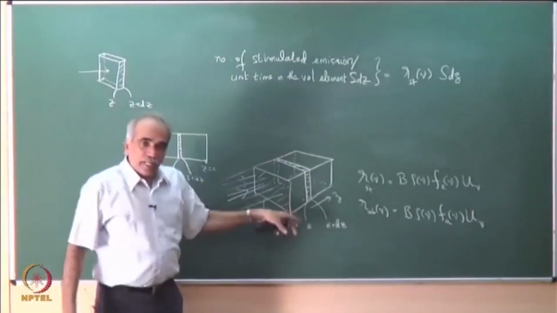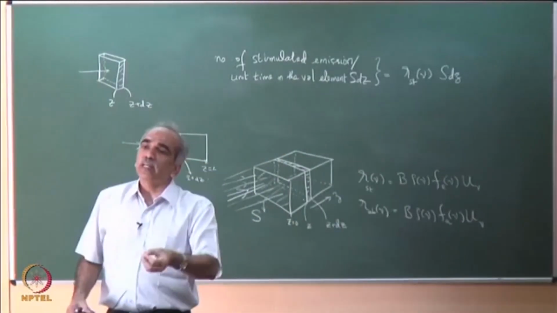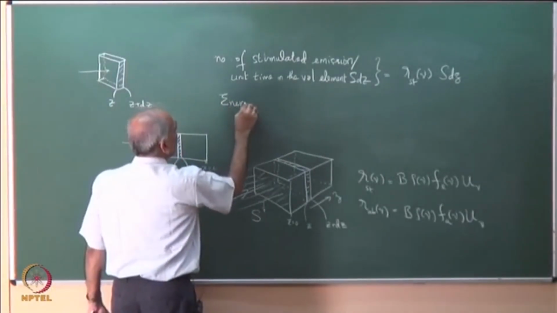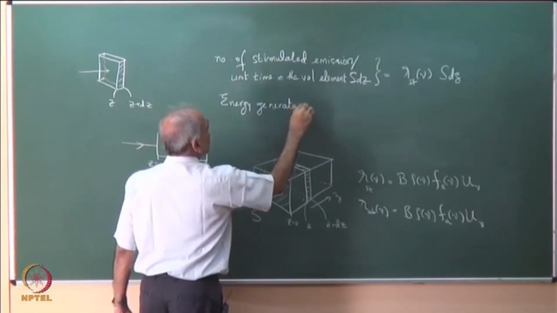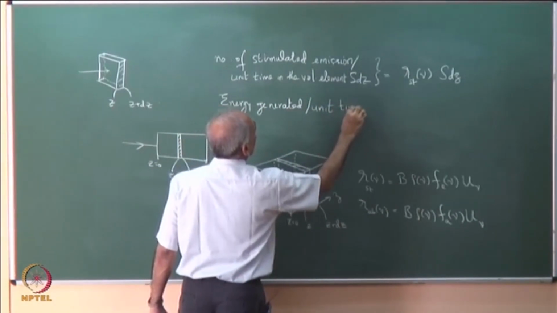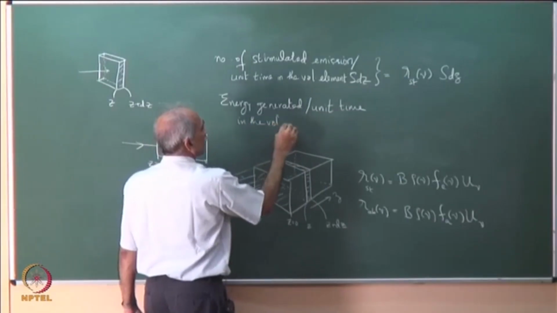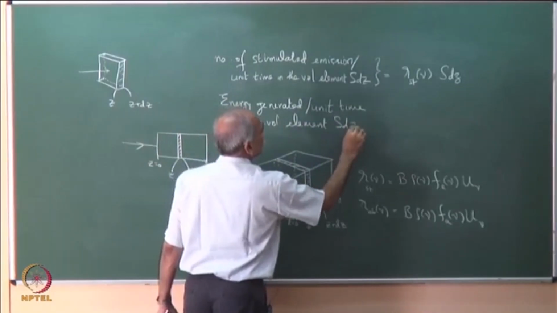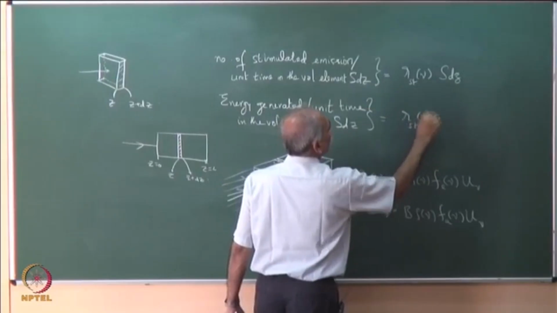Every stimulated emission generates a photon of energy h nu, and therefore, the energy generated per unit time in the volume element S dz is equal to, what will that be?